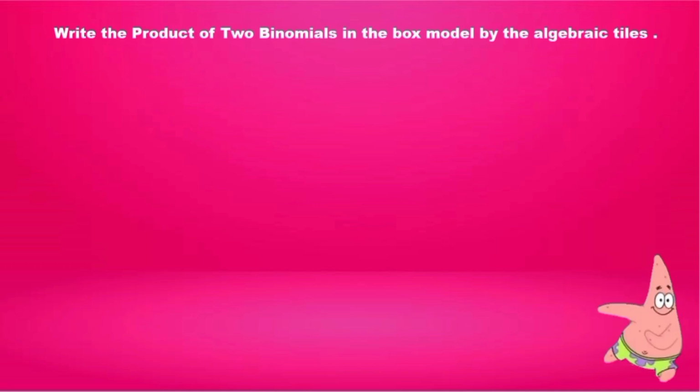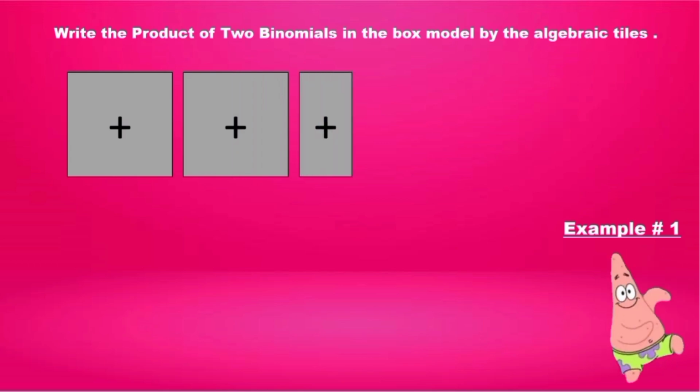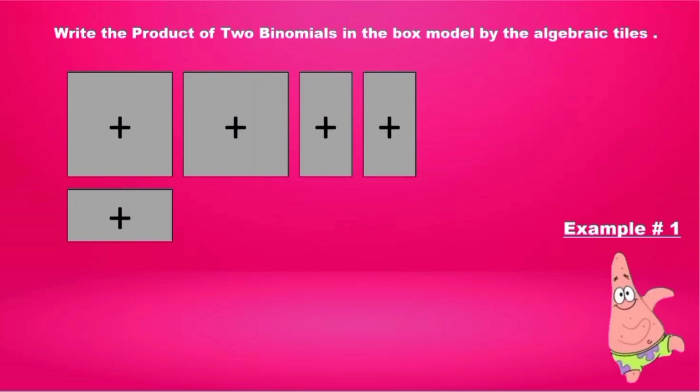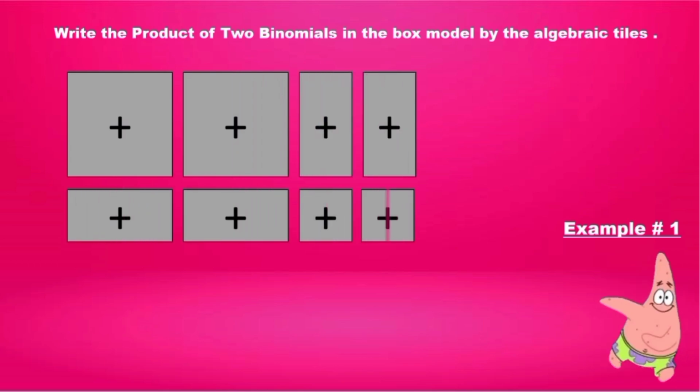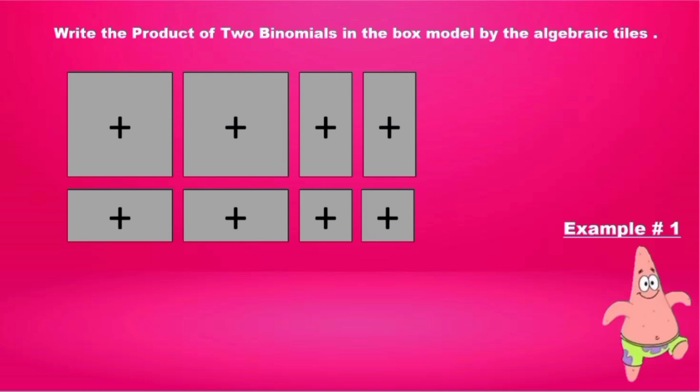Write the product of two binomials in the box model by the algebraic tiles. Now let's have example number 1. Now here are the figures. Now give the product. First we have 2x squared.